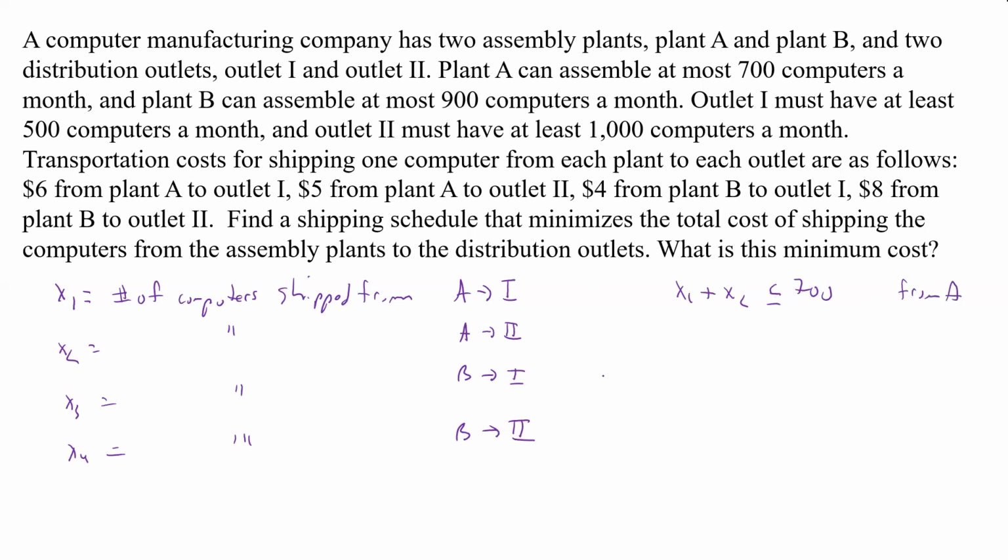Now B has at most 900, so x3 plus x4 has to be less than or equal to 900, and that's from B.